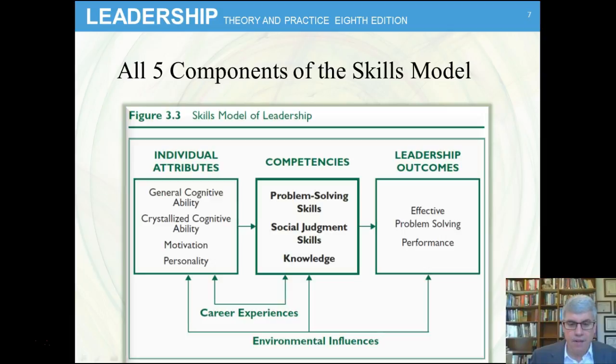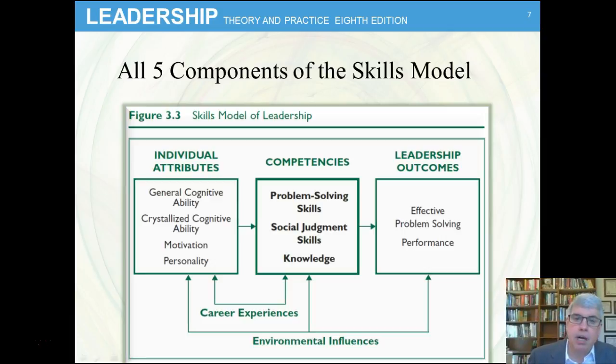And we also have environmental influences, and those are things outside of the person and the person's own experiences that are acting in the environment, either co-workers, maybe they can be economic influences, they can be cultural trends, they can be customers in a neighborhood, they can be a set of employees that one supervises, but all those things influence the individual attributes, the competencies, and the leadership outcomes.